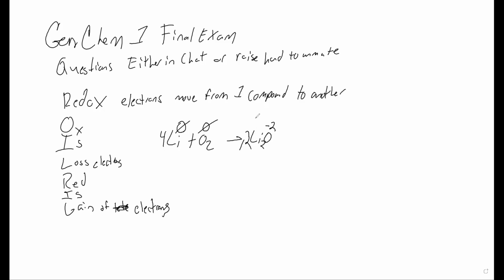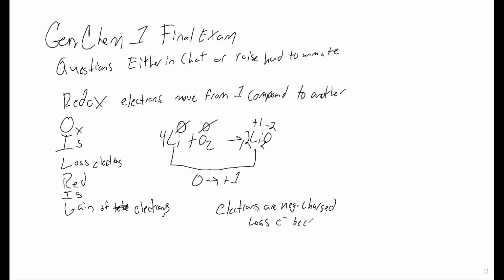Lithium is a group 1 metal. Group 1 metals are always +1. So lithium went from 0 to +1. And remember, electrons are negatively charged, so if I lose electrons, I become more positive.